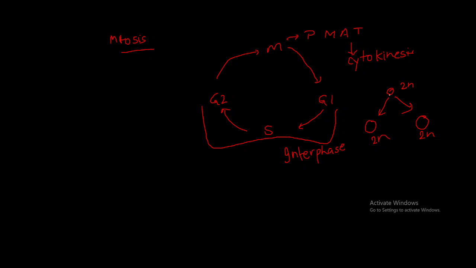And suppose this particular cell has one mitochondria, this particular cell will also have one mitochondria, and this is also going to have one mitochondria. Similarly for the other things also, ribosomes, nucleus, everything needs to be doubled, and this doubling occurs in the G1 phase.